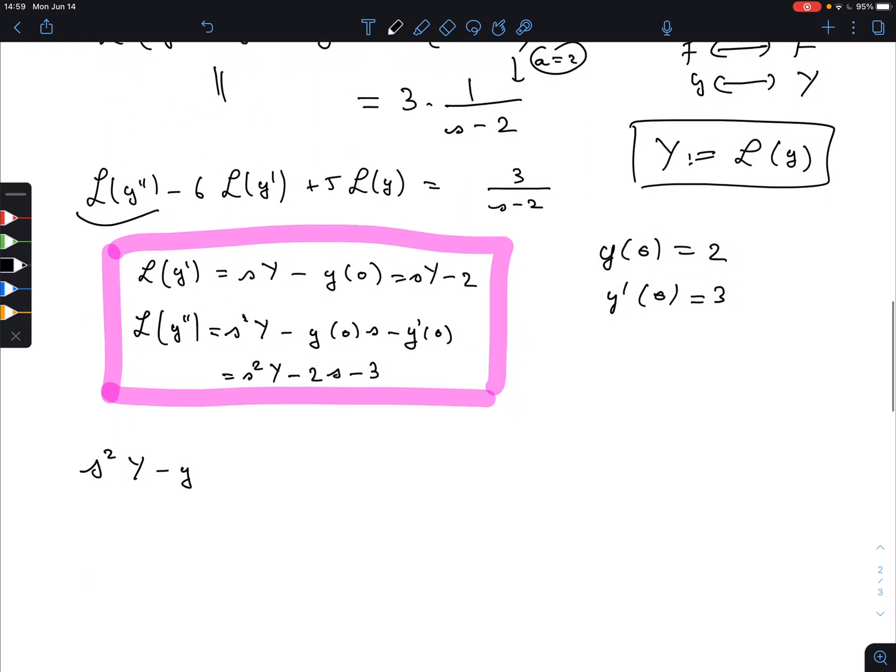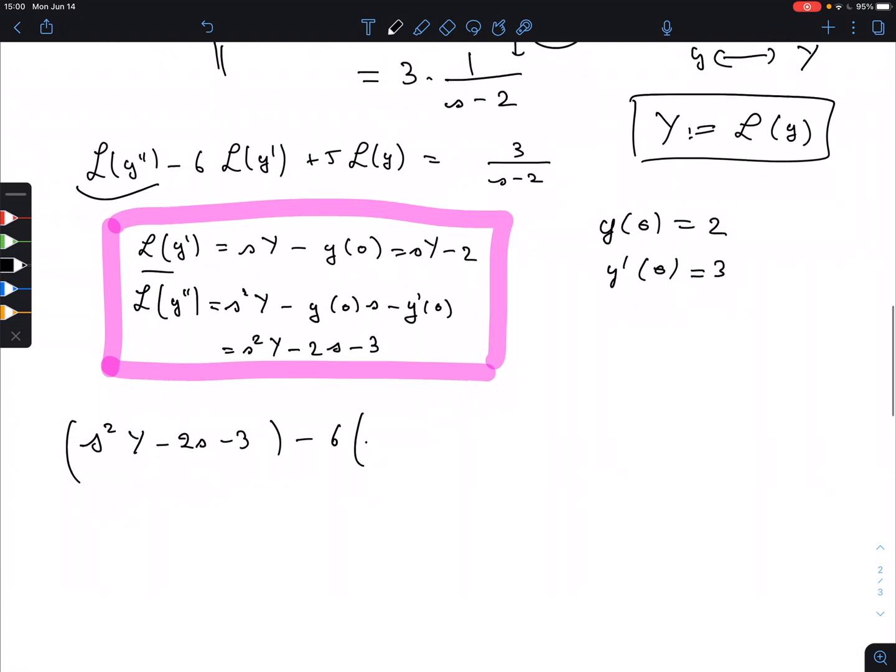So s squared Y minus 2s minus 3, that is L of y double prime, minus 6 times L of y prime, that is sY minus 2, plus 5 times L of y, that's just Y. And that is equal to 3 over s minus 2.